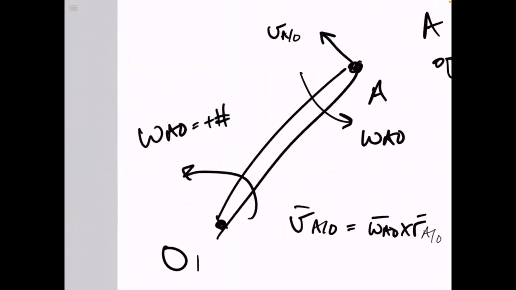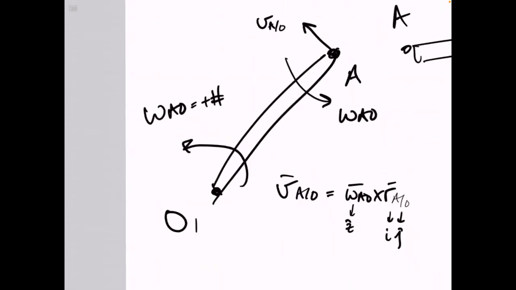But now let's think about what this means in terms of the different kind of coordinate systems that we can express it in. If we have an AO vector with I and J, or X and Y, and this is in Z, we then get a velocity A with respect to O that is in I and J components.